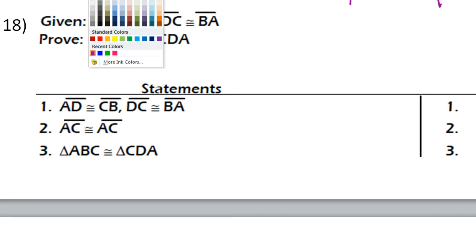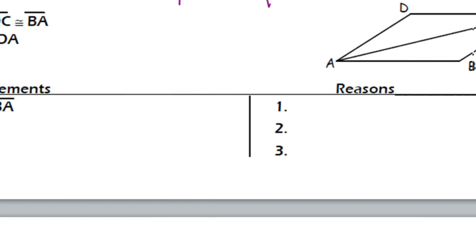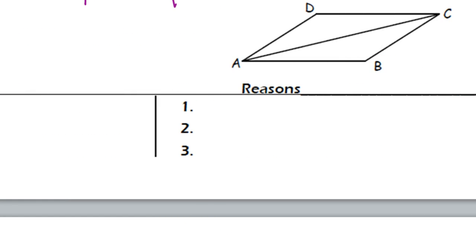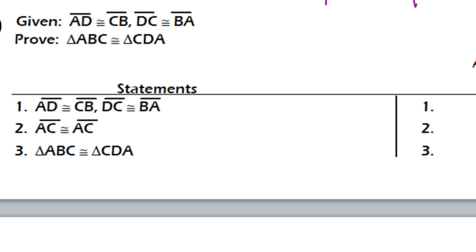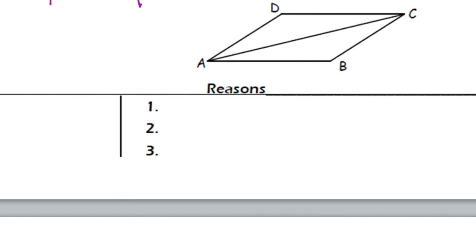We are looking at a 2-column proof, and we're given all the statements, and we just need to supply the reasons. So we're given that AD is congruent to CB. So let's mark that.